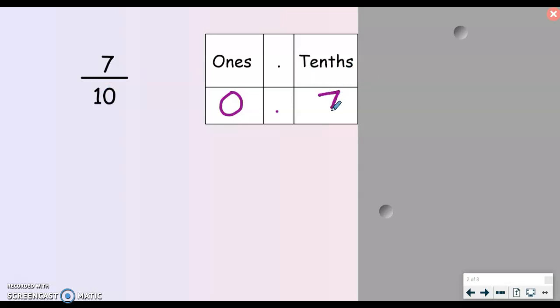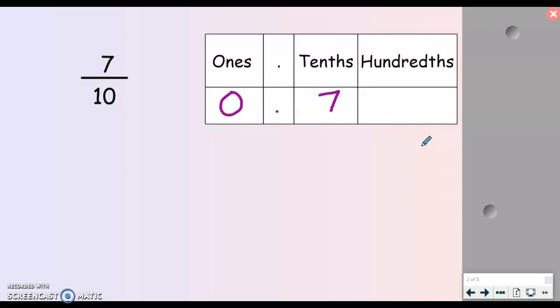And these actually get read the exact same way. So this is 7/10 and this is 7/10. But today we're going to do a little bit more investigating with this place value here. In a lesson a couple lessons back, we learned how we can make equivalent fractions with tens and hundreds in the denominator. So today this is going to bring everything all together.